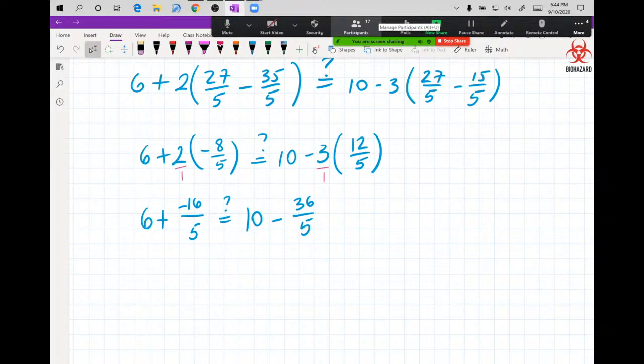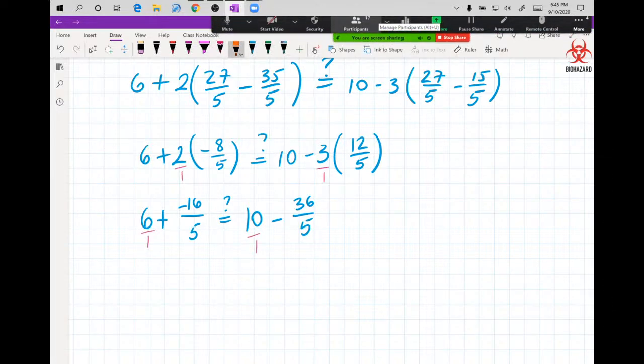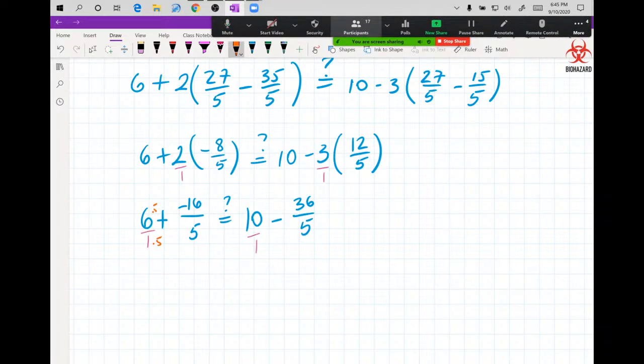So what do we get? Well, now I have to do fractions again, right? I still have fractions to deal with. So let's make those a fraction. So 1 and 1. And make them times 5, because we need a common denominator again. So times 5 times 5 times 5 times 5. And we're done. 6 times 5 is 30.